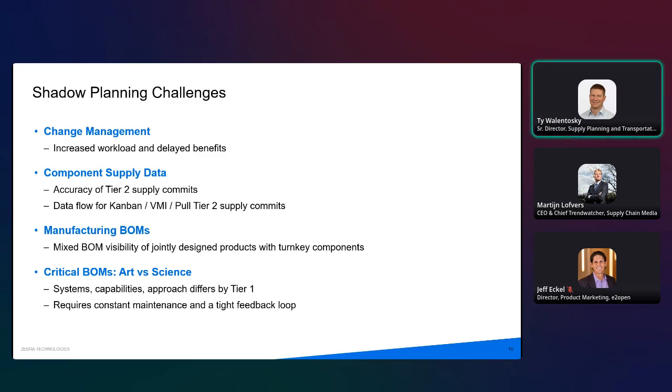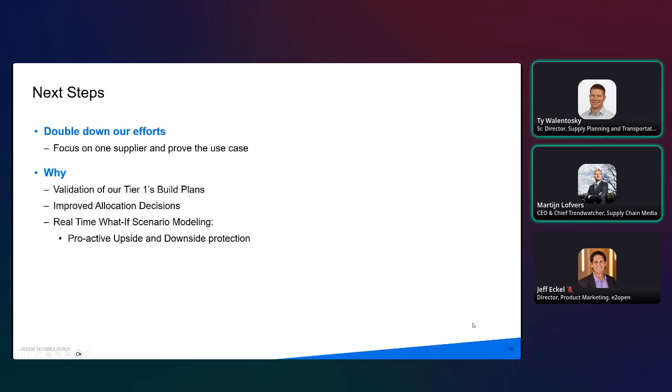There are certainly some challenges behind that, and it's relying on our tier ones to ensure that they're first updating their systems, but then second, ensuring that those updates are coming back to us in the supplier visibility feed.